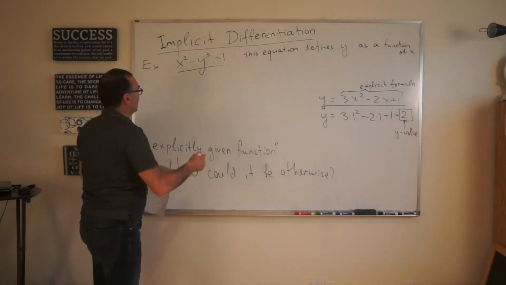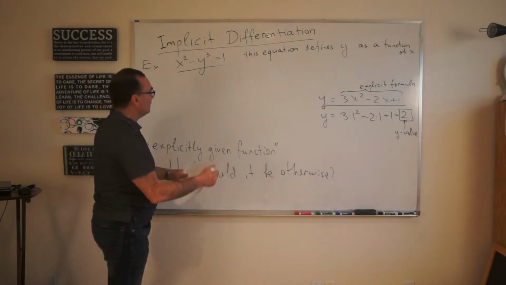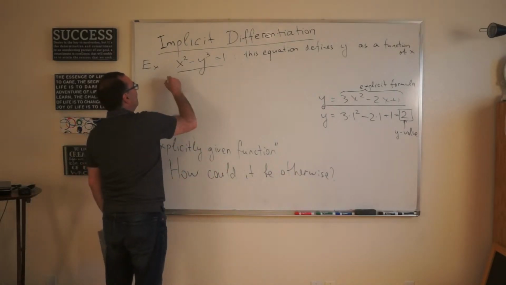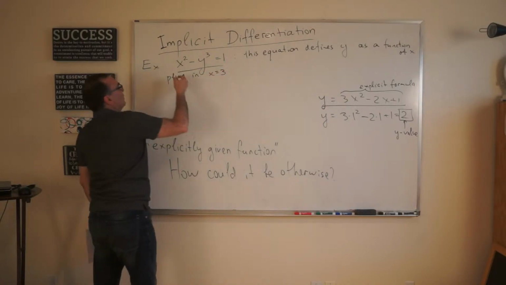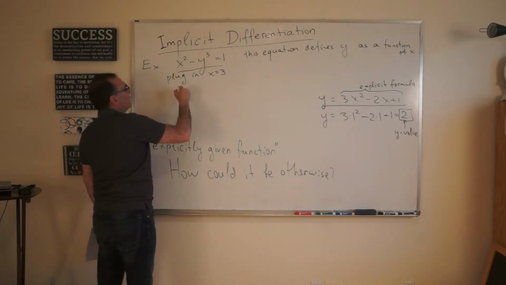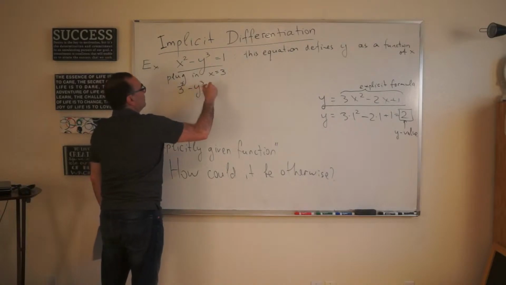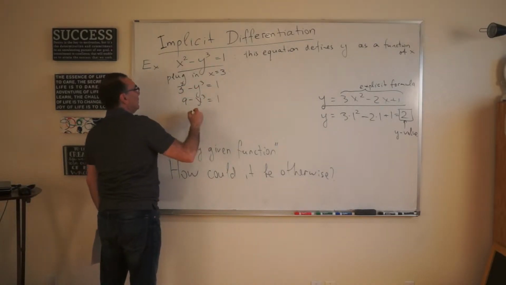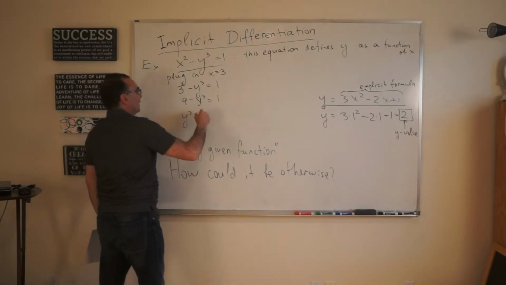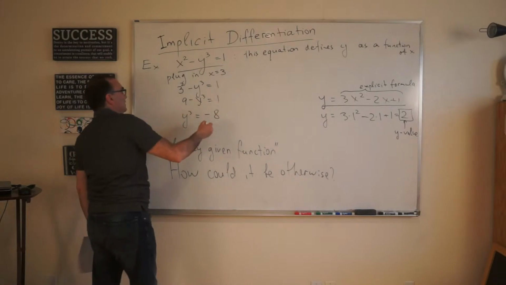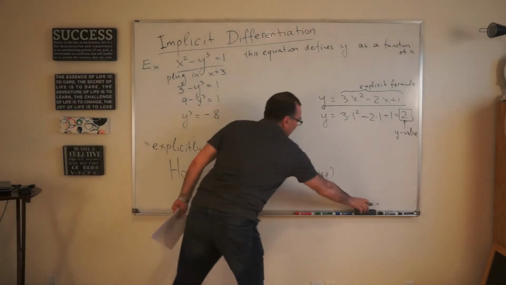For example, we can plug in, let's say, x equals 3. So if we do plug in, it will be 3 squared minus y cubed equals 1, 9 minus y cubed equals 1. So isolate y cubed equals negative 8, 1 minus 9 is negative 8, and so y equals negative 2.